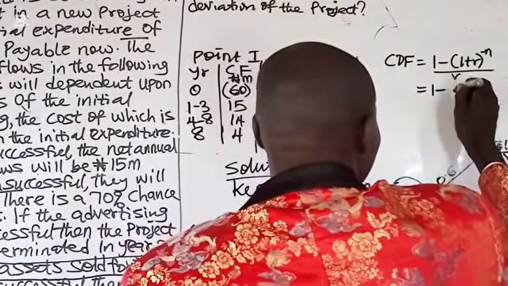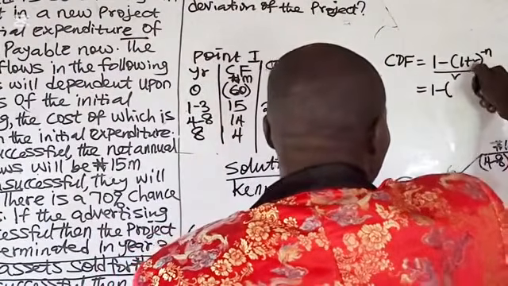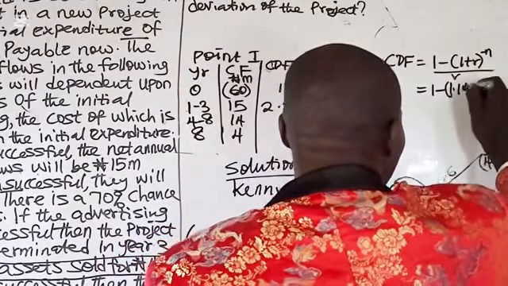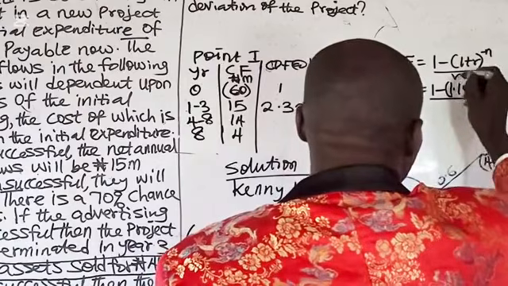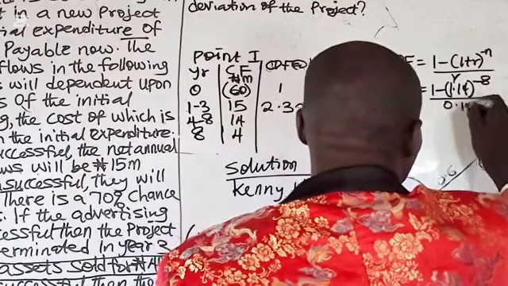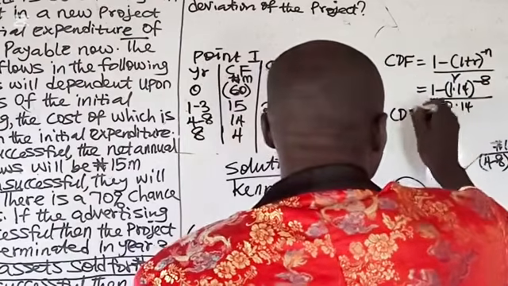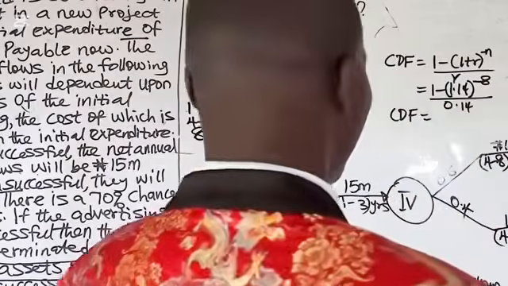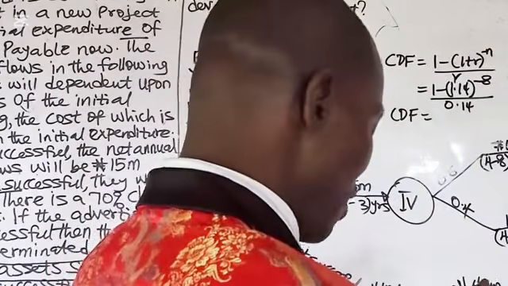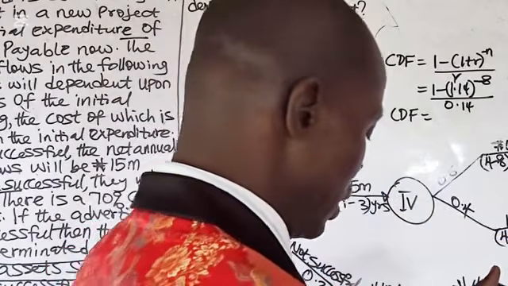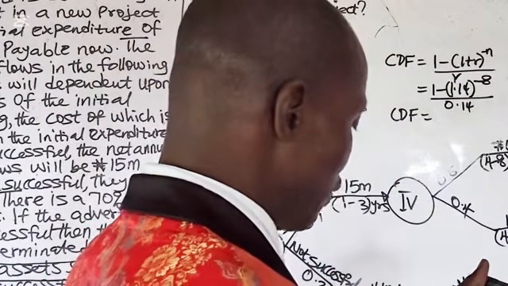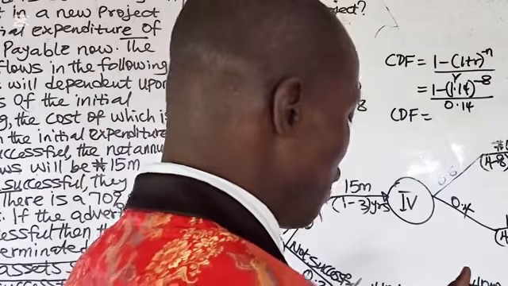So we have 1 minus 1.14 raised to power minus 8, over 0.14. 1.14 raised to power minus 8 gives us 0.350559054.